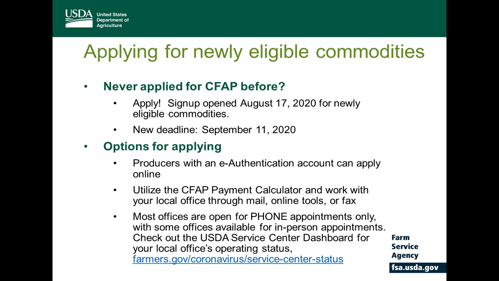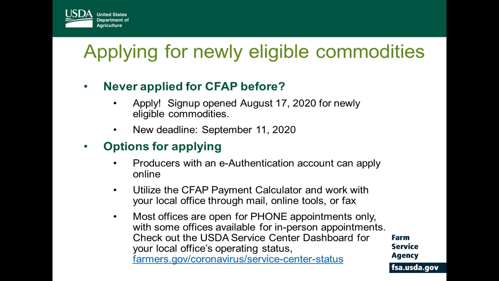Applying, if this is your first time applying for USDA, you're probably used to having to have a farm number. For this particular program, a farm number is not required. Now, there may be sometime further down the road when USDA reaches out and says you are going to have to come back to the office and do a farm number because of a conservation compliance plan that has been identified.